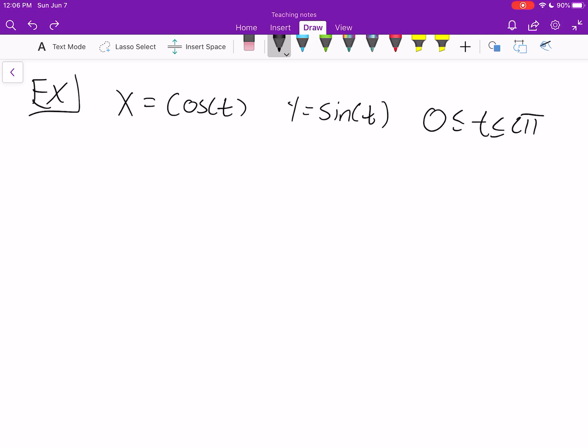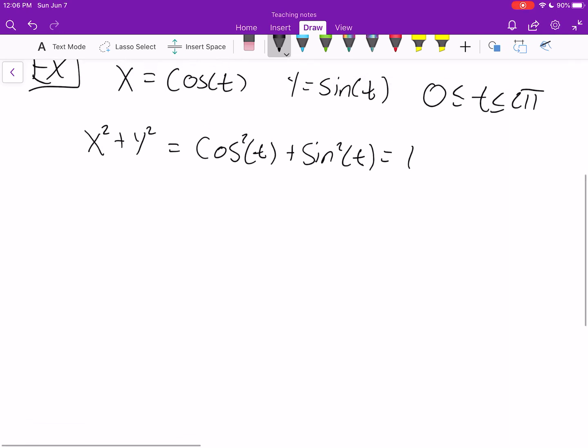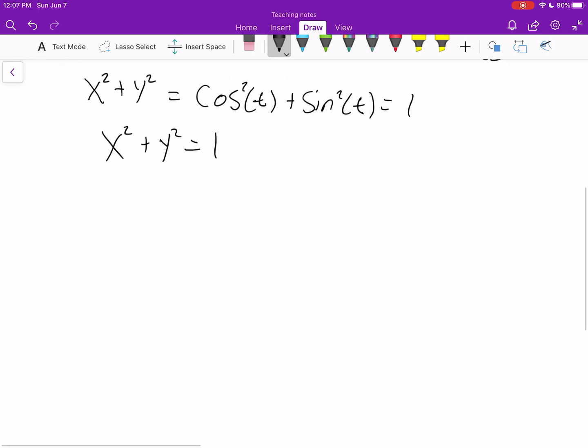On the unit circle, the x-coordinate is cosine and the y-coordinate is sine. This satisfies the relation x squared plus y squared equals cosine squared t plus sine squared t, which is equal to 1. No matter what, this relation has to hold, and x squared plus y squared equals 1 describes a circle. So this parametric equation is just an equation for the unit circle.